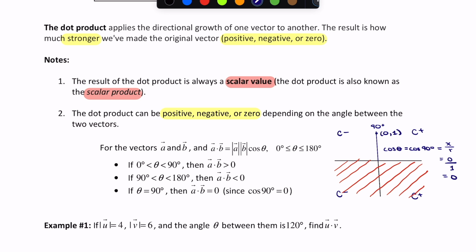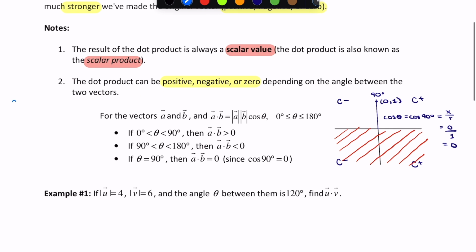Okay, so if we look at the three cases, if theta is between 0 and 90 degrees, then vector A times vector B is greater than 0. We'll draw this on the right. So we'll look at case 1. If it's between 0 and 90 degrees, theta is less than 90 degrees.